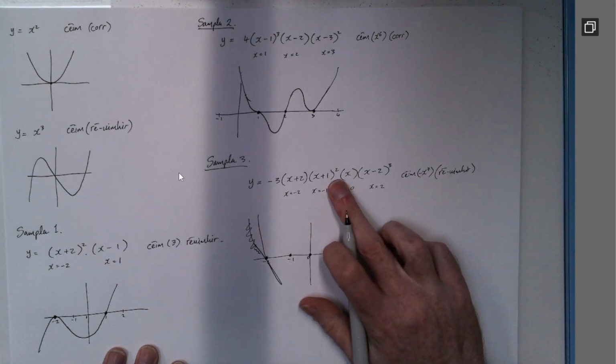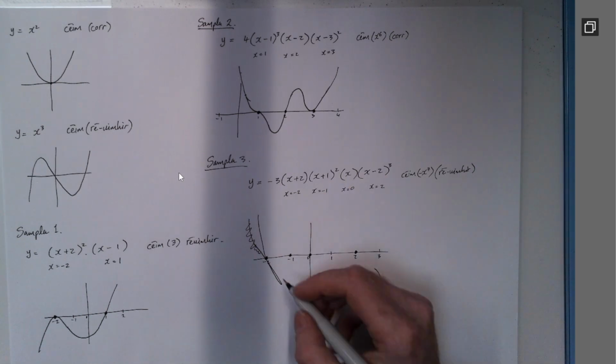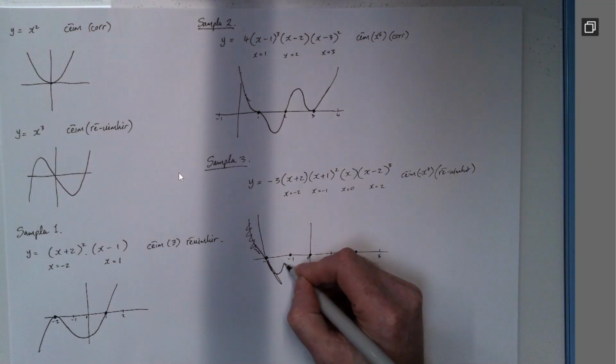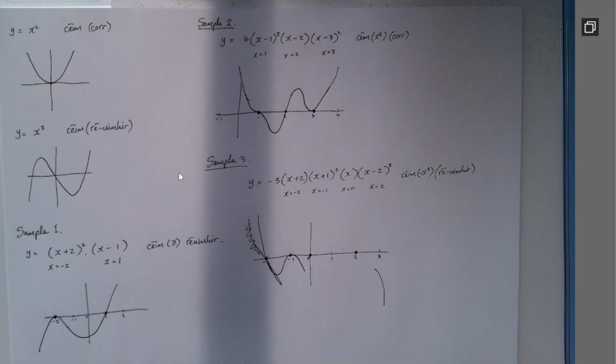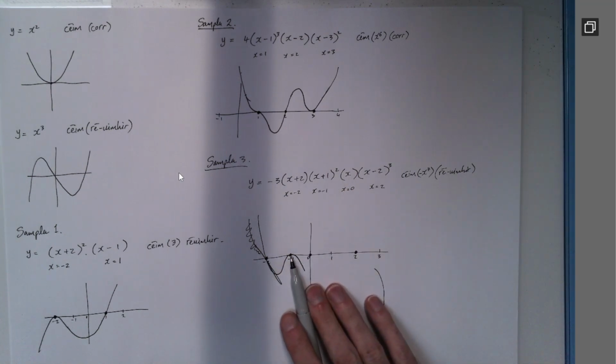Now the next one is squared. It's asking for squared, a twin root, so we curve and touch the line. So we turn. We get a twin root, we turn. Okay, that is a squared, that means it touches the axis and it turns.